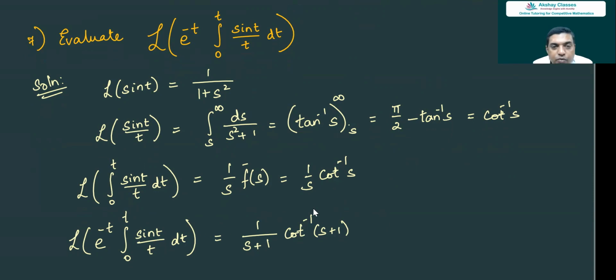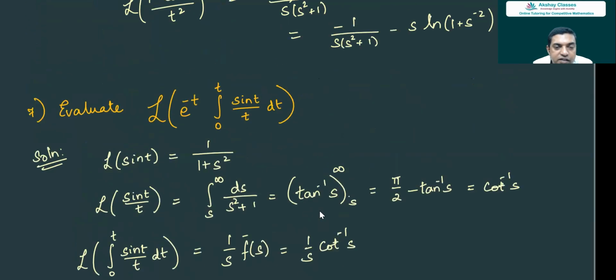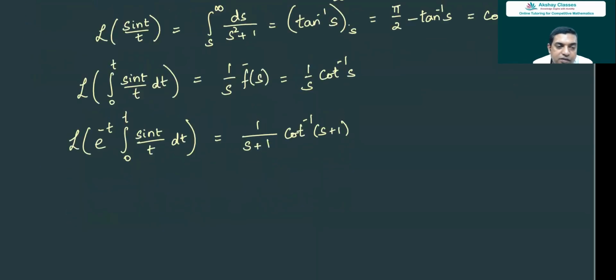Okay, similarly, one more type of this integration and differentiation. Now evaluate the integral 0 to infinity t e power minus 3t sin t dt.